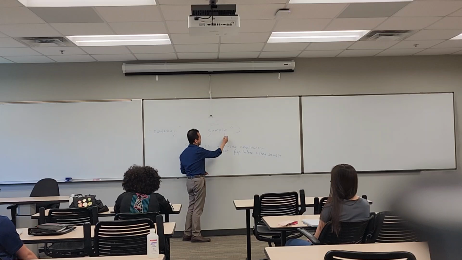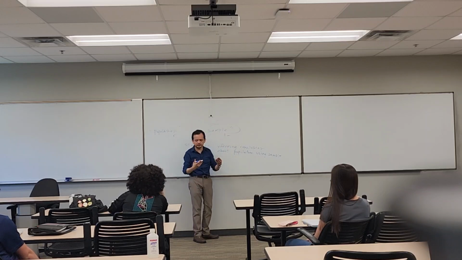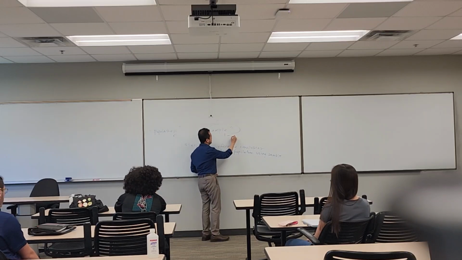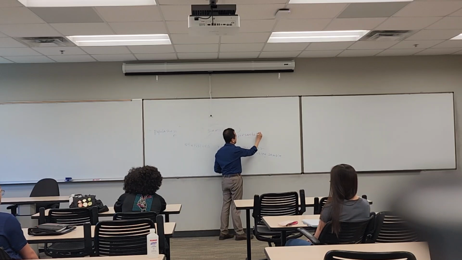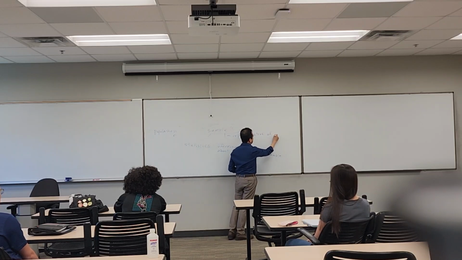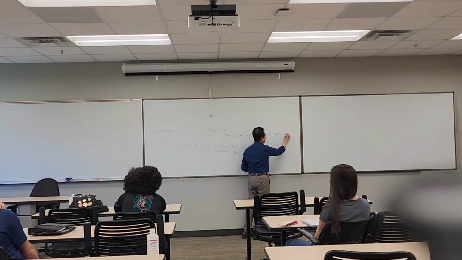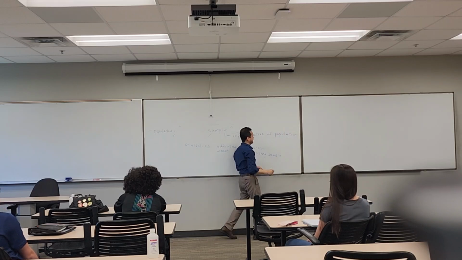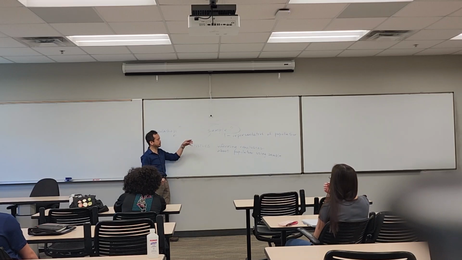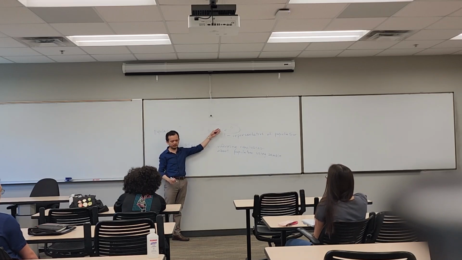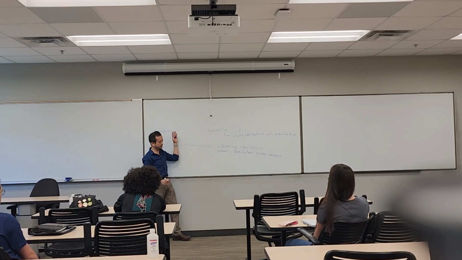So one criterion was that it had to be representative of the population. That means that all the important attributes have to be represented in the same proportion in this sample that we collect as in the original population.